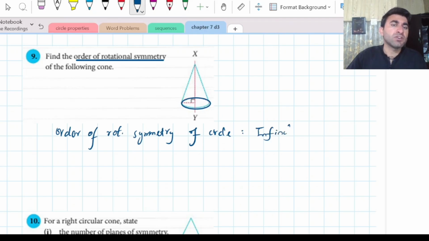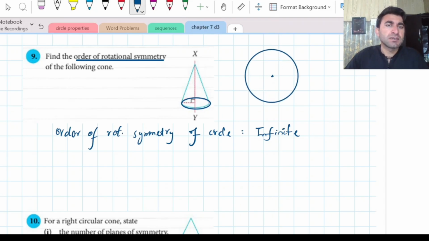Because we know all sides of the circle, or we can say the radius of the circle, is equal. If it is the center of the circle, then the distance of the center from all sides of the circumference is the same. So the order of rotational symmetry of the circle is infinite, and that is the order of rotational symmetry of the cone.